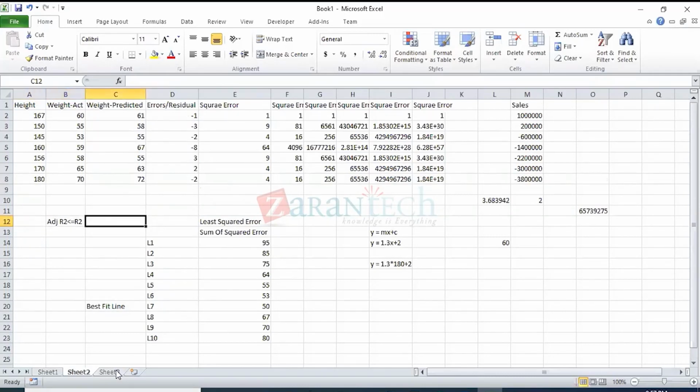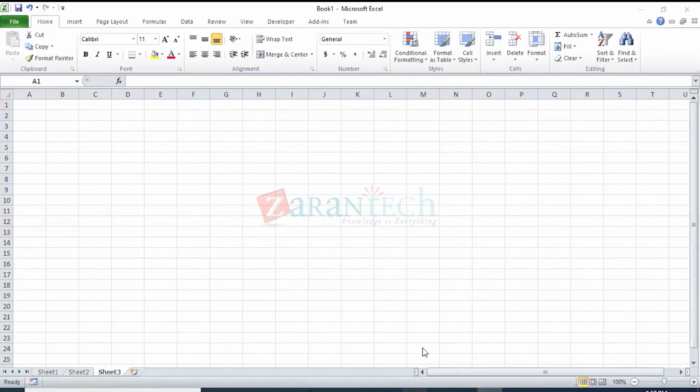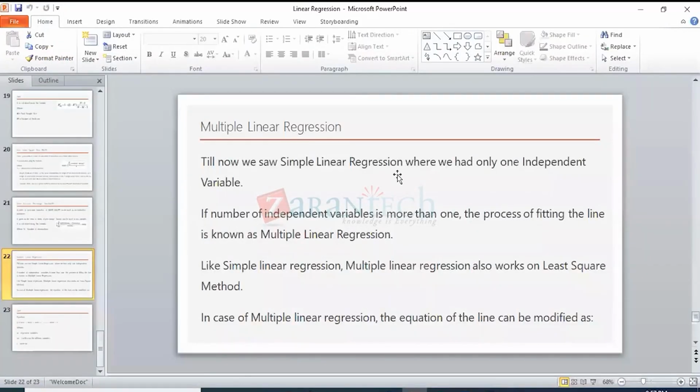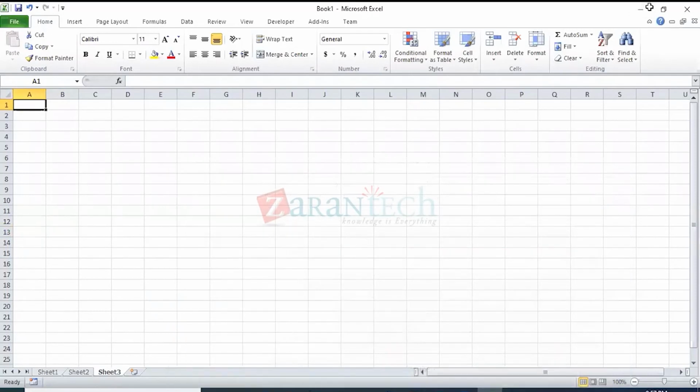Okay, so coming to the last topic, multiple linear regression. Here I have only height and I want to predict weight. That's what we did when we were fitting the best fit line.